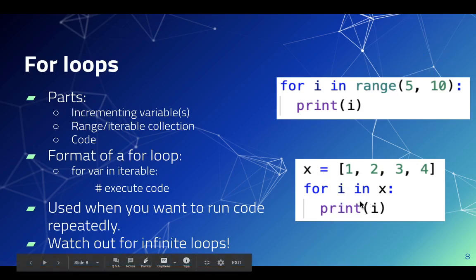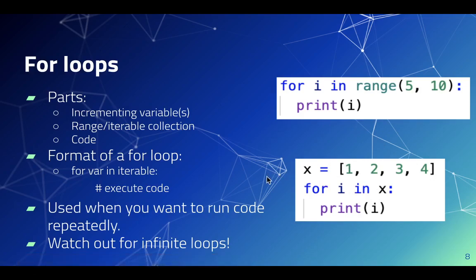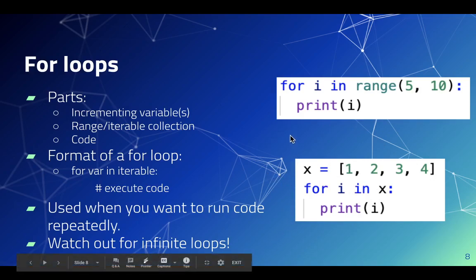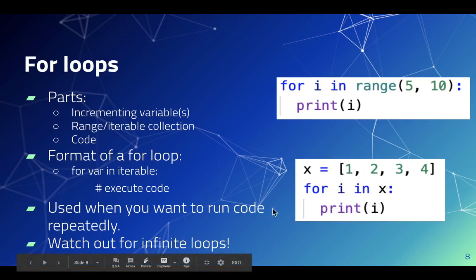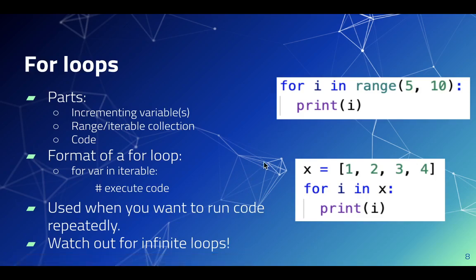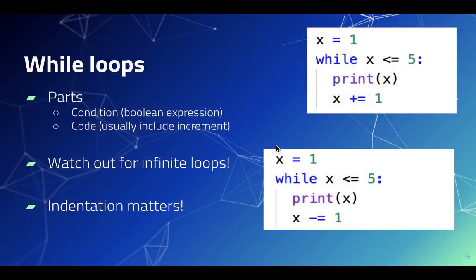And in the second example, we want to run this code 4 times, 1 for every element in this list X. So although it's not very common with for loops, it's more common with while loops, which we'll get to in a moment. There are certain cases where you can have infinite loops. For example, if you're changing the value of I within this, it might fail sometimes. But all you need to know is that you need to be careful when dealing with loops because it's possible that you might have an infinite loop.